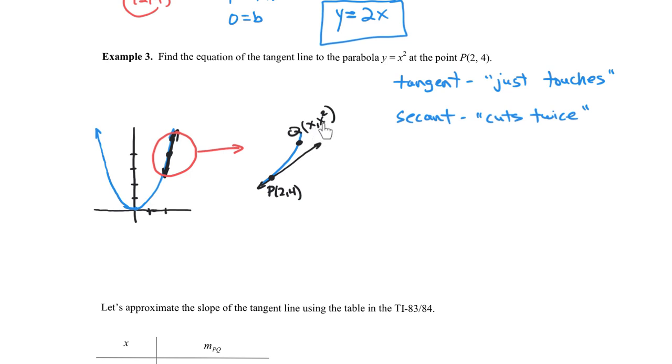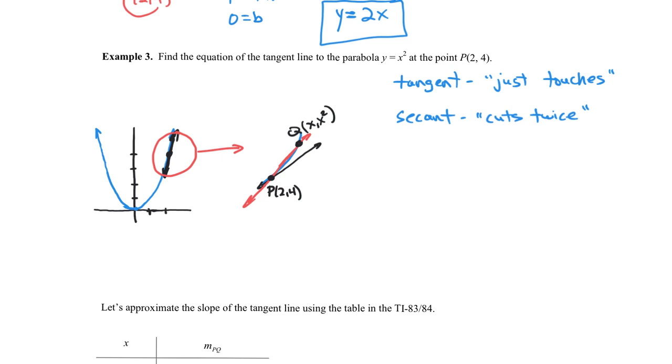So the point (3, 9) would be on there. And let's say I make this a red line. This red line goes through the points P and Q, and we could find the slope of this red line because we could pick a couple of points.